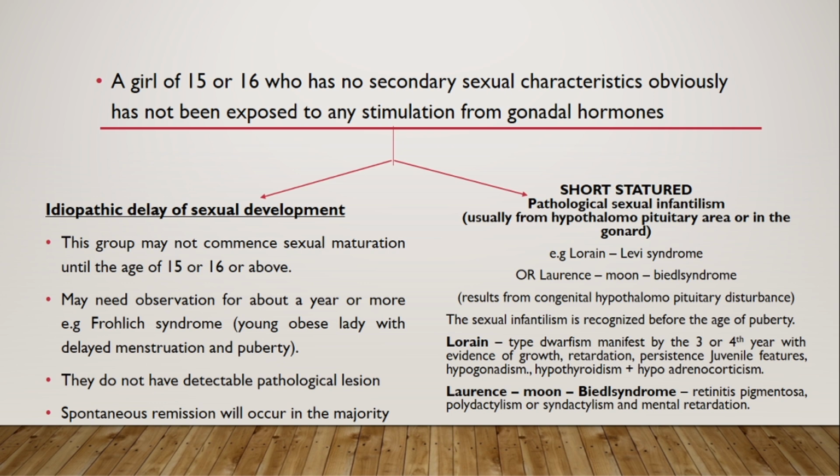So when you see evidence of eye disorder, retinitis pigmentosa, polydactylism or syndactylism, and mental retardation in a short-statured patient, the diagnosis can be obvious: Lawrence-Moon-Biedl syndrome. When you see a child of about 3 or 4 years with evidence of mental retardation and hypogonadism, the diagnosis of Laurent-Levy type syndrome can be made.